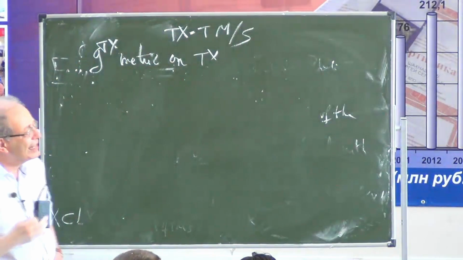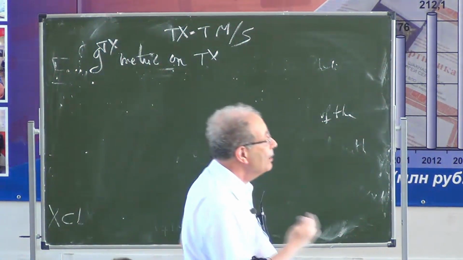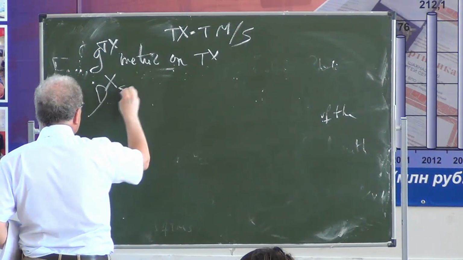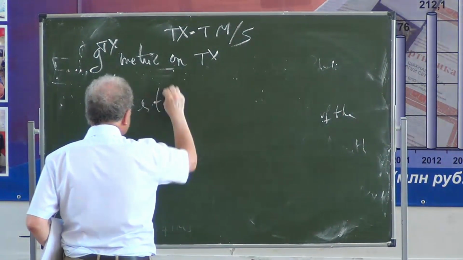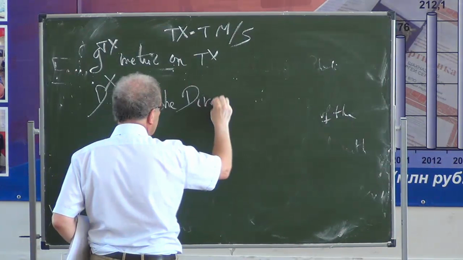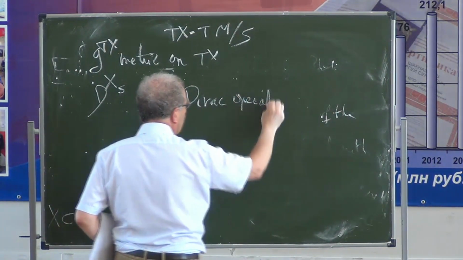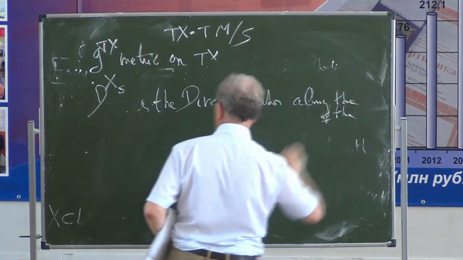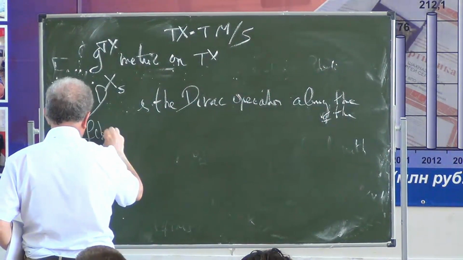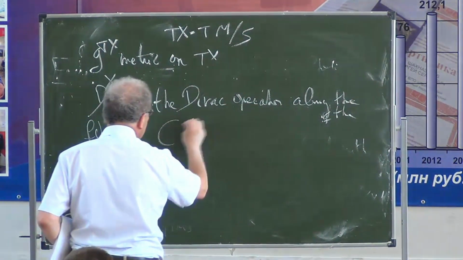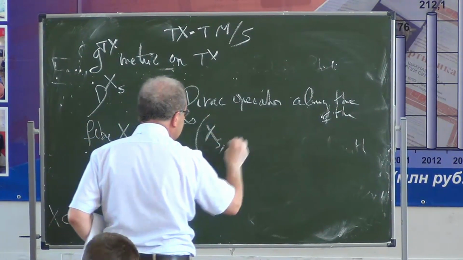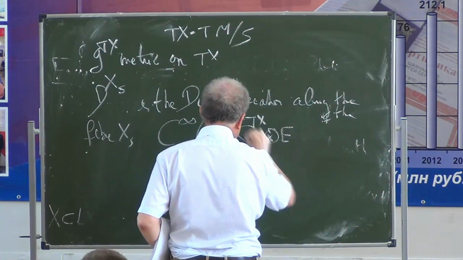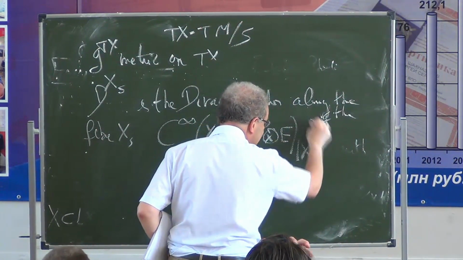So I claim that from these data, you can build the operators D^X_s. So D^X_s is the Dirac operator along the fiber X_s, so it acts on C∞(X_s) with coefficients in S(TX)⊗E, restricted to the fiber X_s.